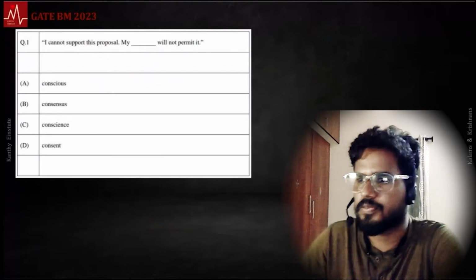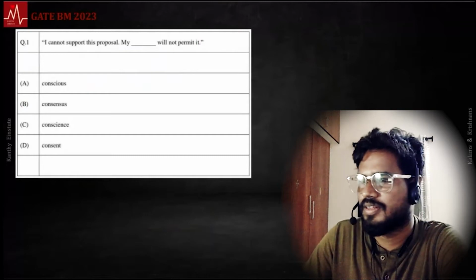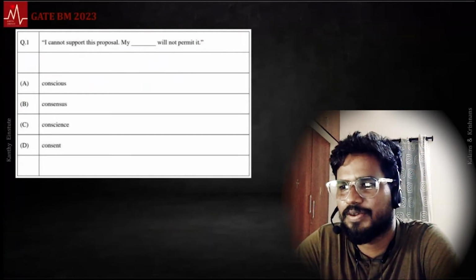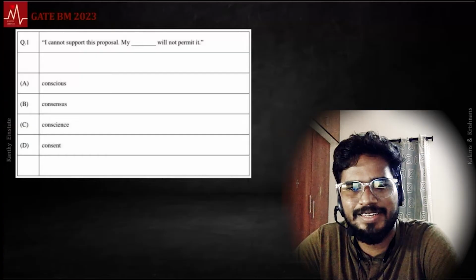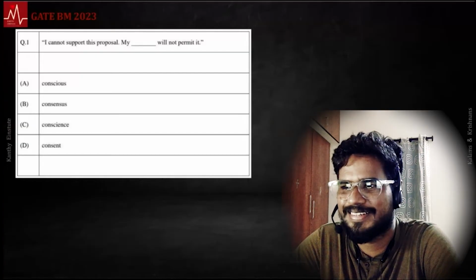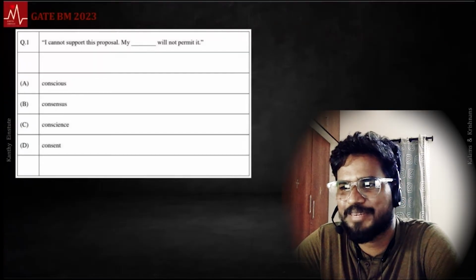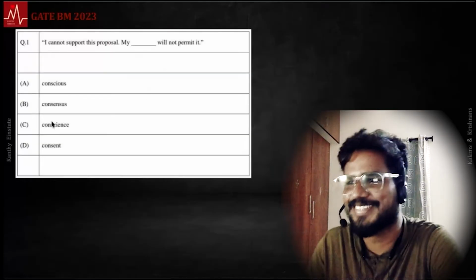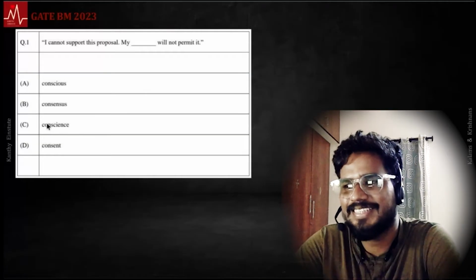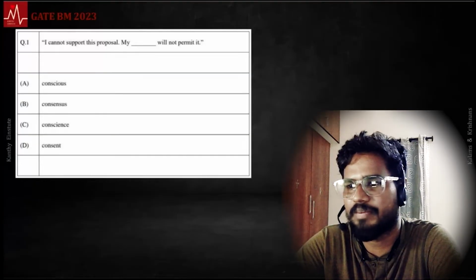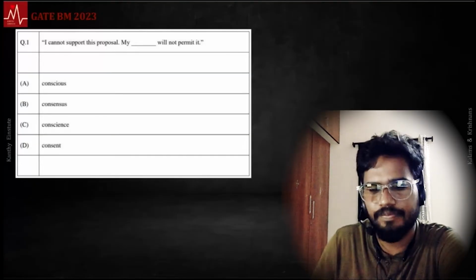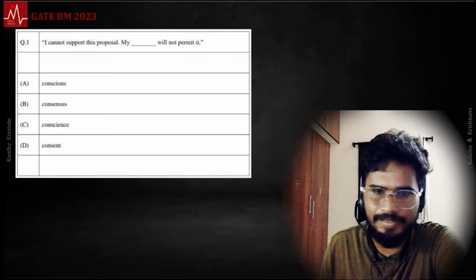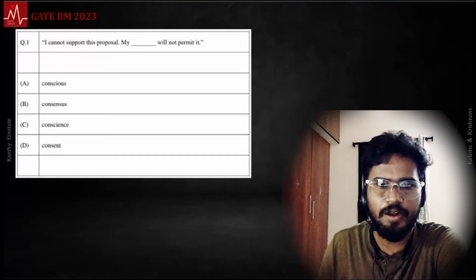I cannot support this proposal. My conscience will not permit. My consensus will not permit. Yeah, do I contradict myself? Why not? I know I am large, I am multitude. So my consensus will not permit. My conscience will not permit it. My consent will not permit it. When I said it, I had the room to say it aloud.